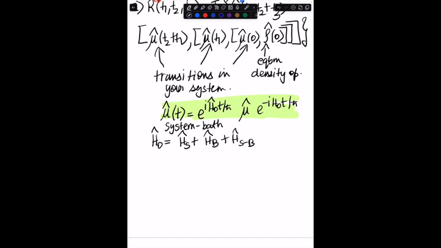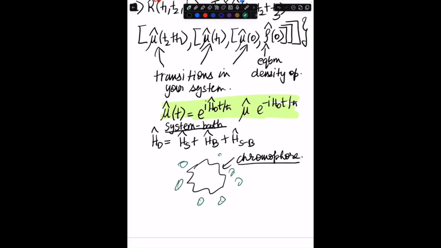So, one simple example would be to consider electronic spectroscopy, where let's just say you have some chromophore, which absorbs UV or visible light, let's just say. So it's electronic spectroscopy, and it interacts with its surrounding solvent molecules. So this interaction between your system and surrounding solvent would classify as a system bath interaction, and then the bath would be the surrounding solvent, and then the system would be the chromophore.